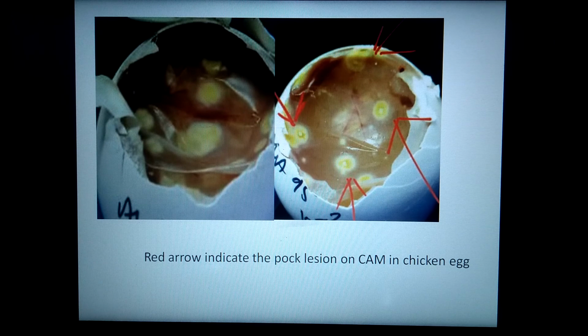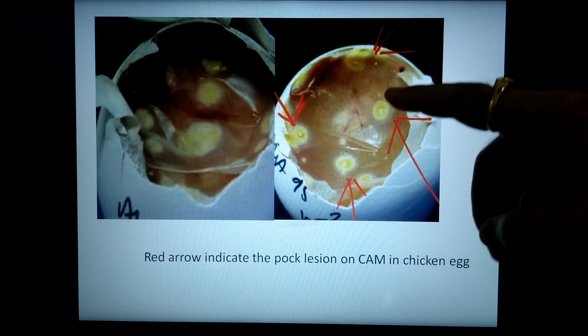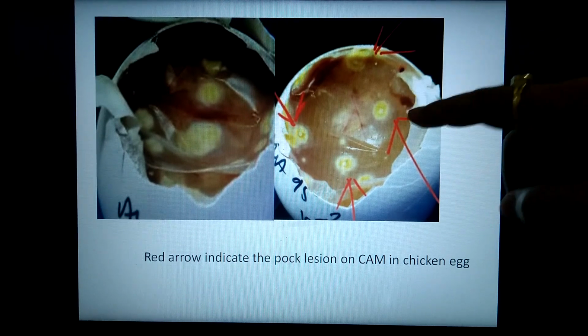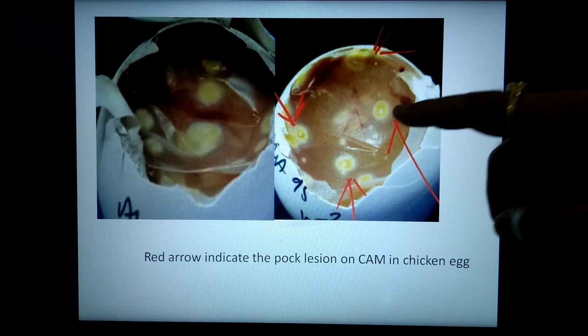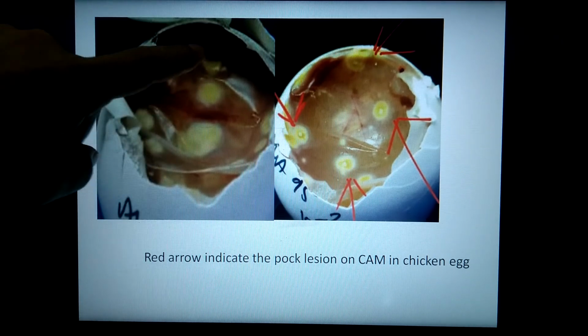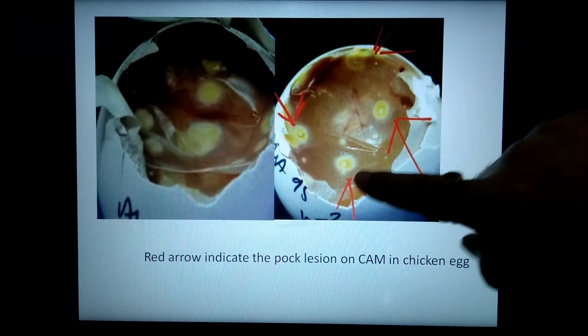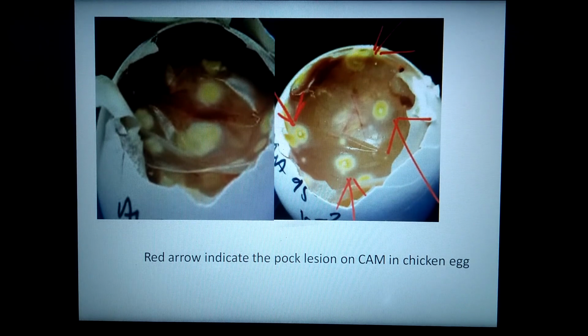After inoculation of a virus and incubation in a humidified chamber, the inoculation was done through the CAM route. Here we can see the development of pock lesions represented by this arrow. These are all the lesions developed on the chorioallantoic membrane in the chicken egg, represented by the red arrow.